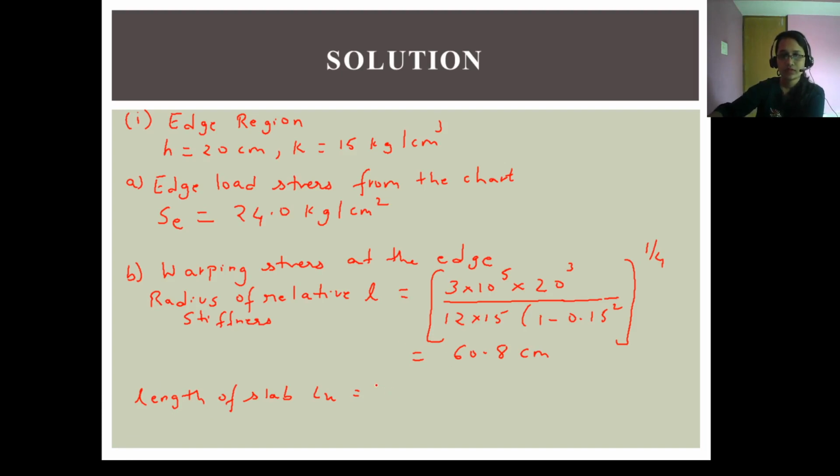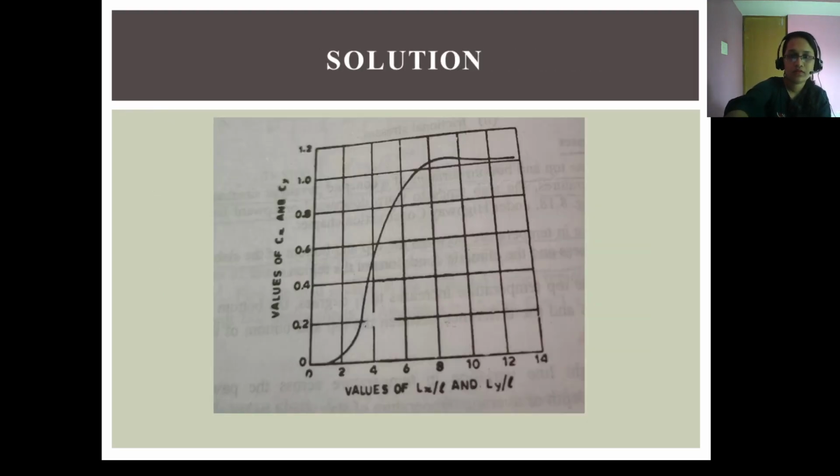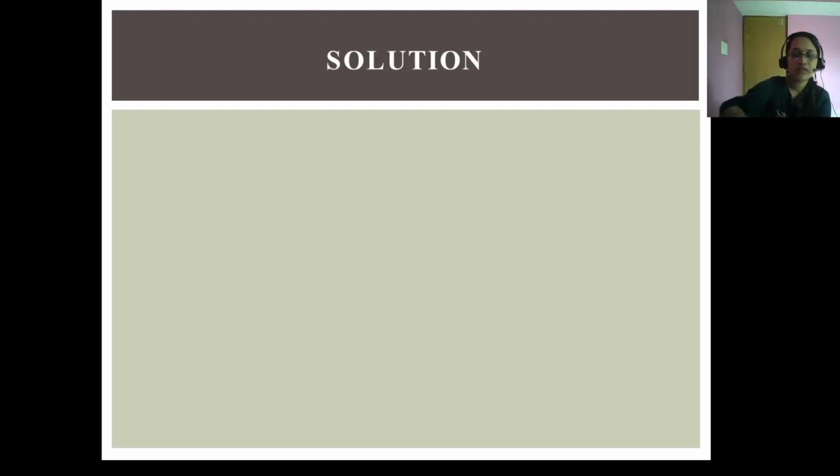Since L is in centimeters, we need to convert it: 4.5 meters will be 450 centimeters. So for the warping stress coefficient Cx, we need to calculate Lx upon L first. What is Lx upon L?